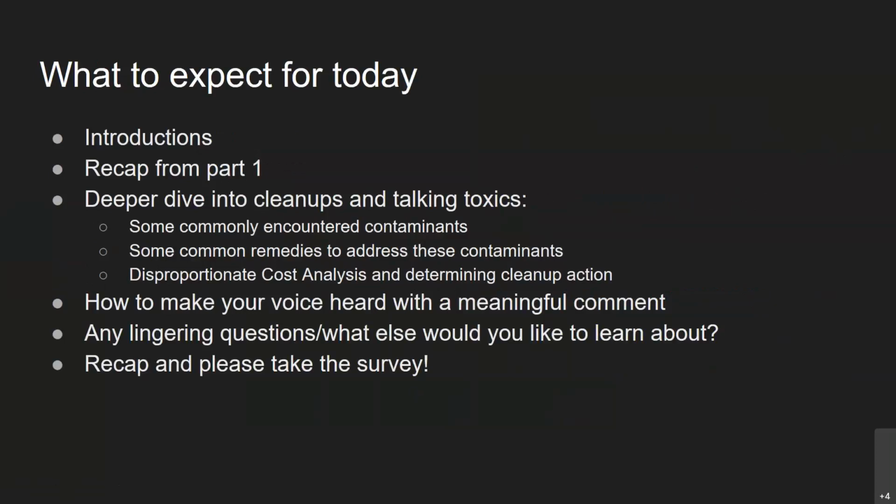So what to expect for today? We already went through introductions and a quick recap from part 1, and then Chris will take a deeper dive into the cleanups and talk more about toxics. He'll go over some of the commonly encountered contaminants, some of the common remedies to address these contaminants, a little bit more on the disproportionate cost analysis, and determining which cleanup action is ultimately selected.